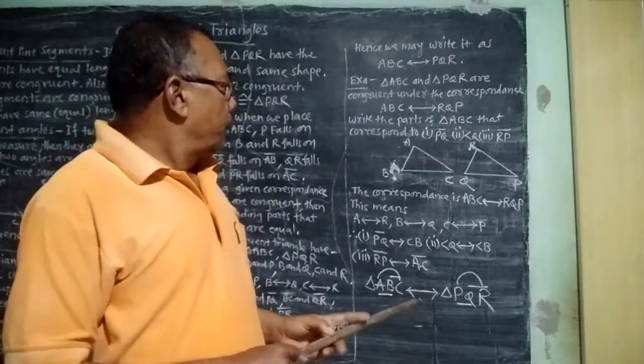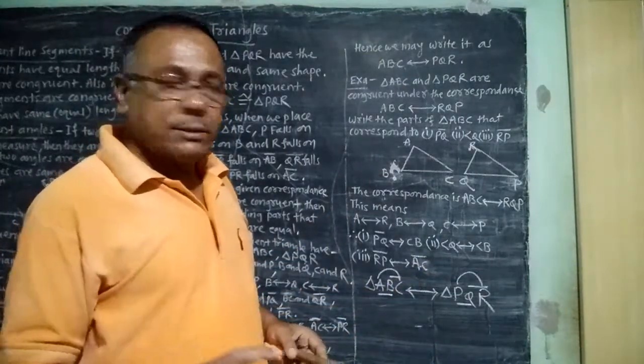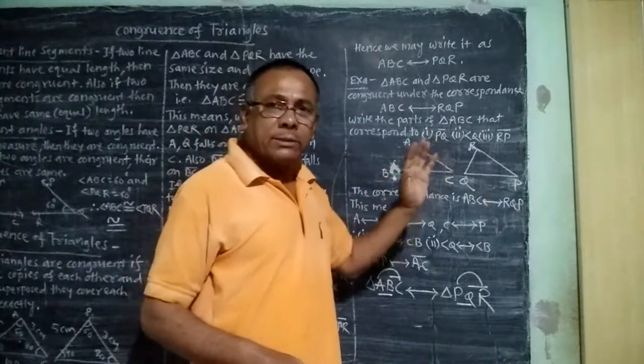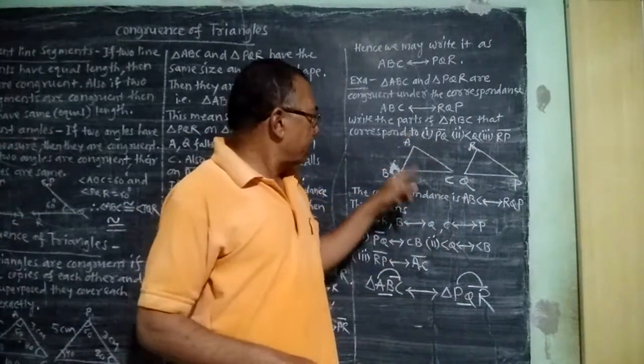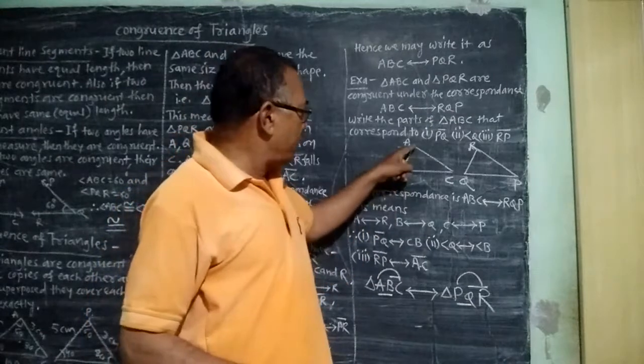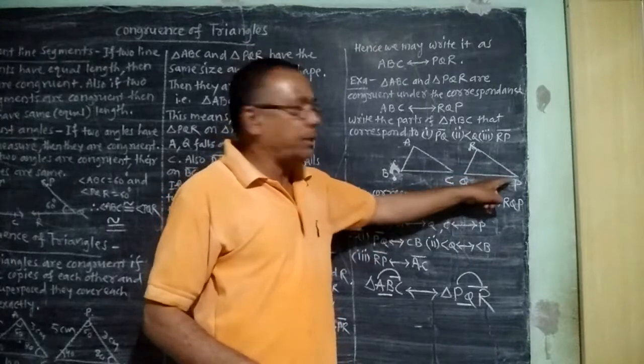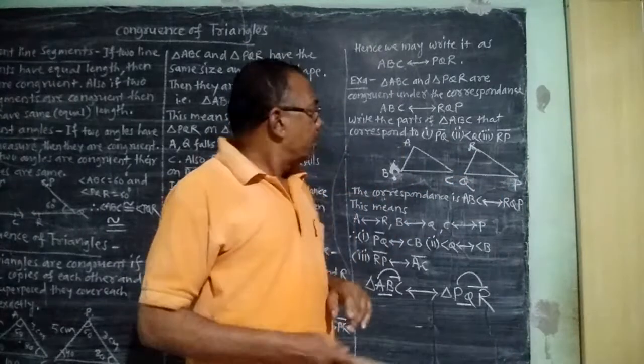Now for our convenience we will draw the two triangles. Here size and shape must be equal. So here I have drawn ABC as a scalene triangle, also RQP as a scalene triangle.